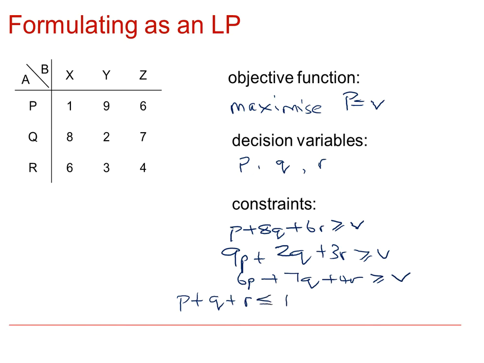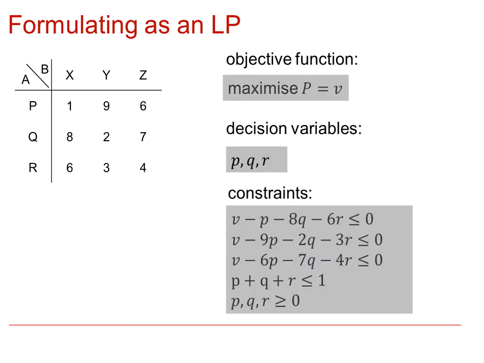I know we said they would sum to 1. But if we maximise V, that will set p plus q plus r equal to 1. And also we noted that p, q and r had to be non-negative. So here we have this particular 3 by 3 zero-sum game formulated as a linear programming problem with the objective function, decision variables and constraints.